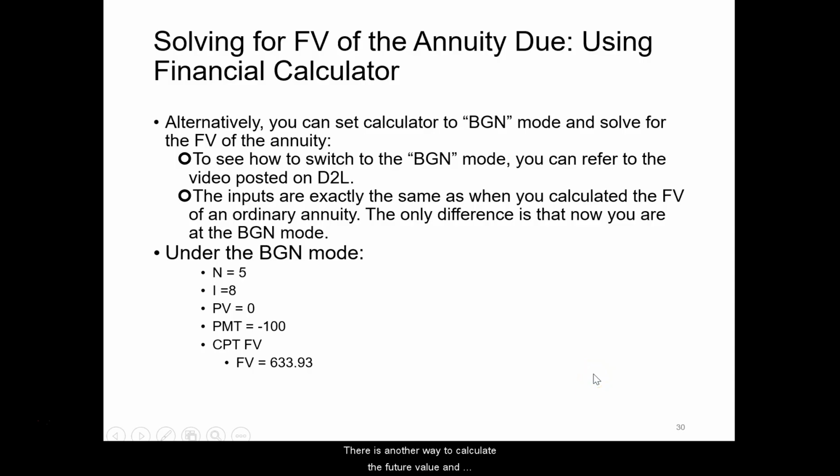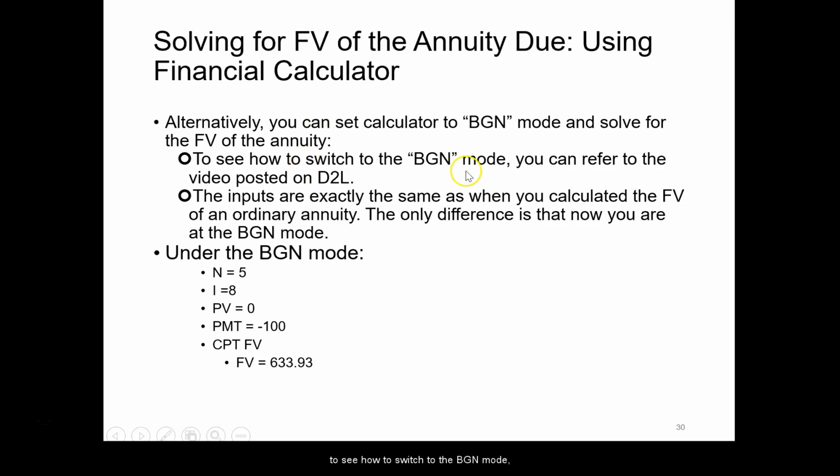There is another way to calculate the future value and present value of an annuity due using your financial calculator. It requires you to reset your calculator to the beginning, or say the BGN mode. And if your calculator is switched to the BGN mode, you can calculate the future value of this annuity due directly.